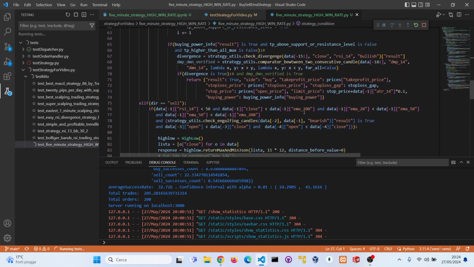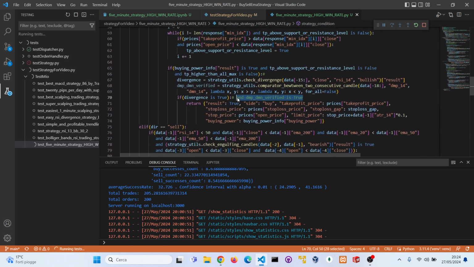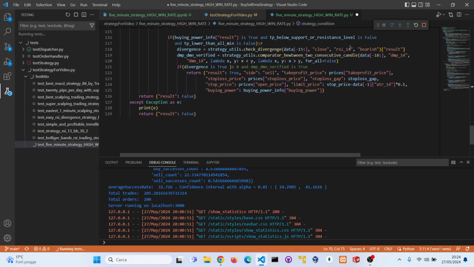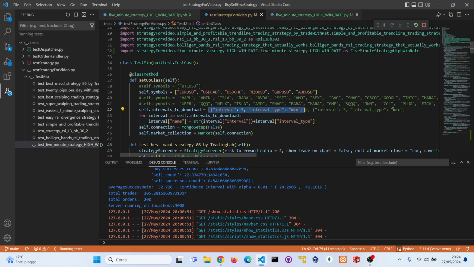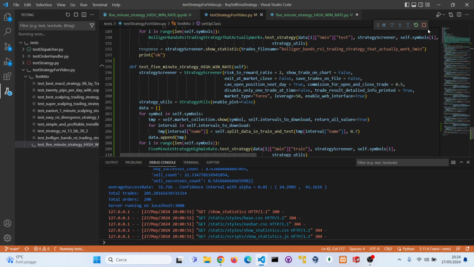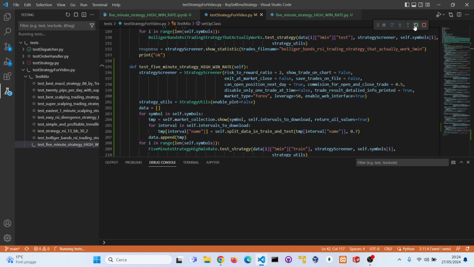So let's go here and let's add this line, and let's go here and let's add this line. Now let's run again the strategy and let's see how it performs.